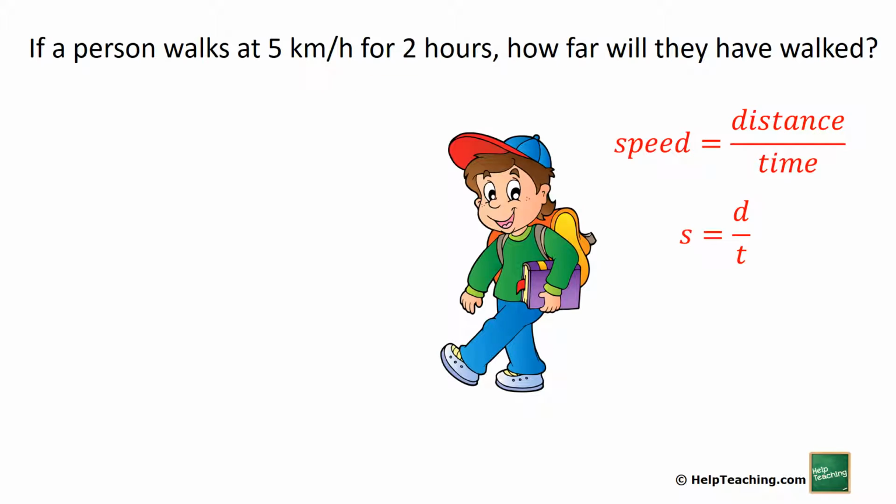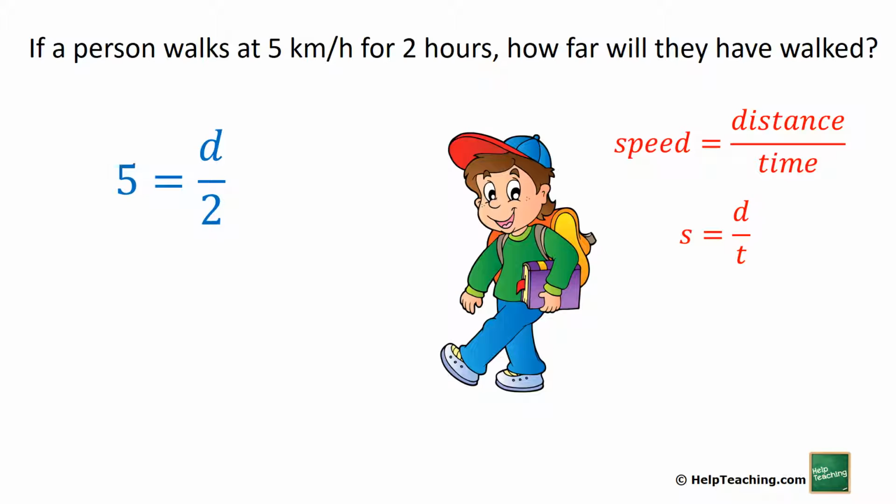Let's look at a word problem. If a person walks 5 kilometers per hour for 2 hours, how far will they have walked? Now this one seems very simple, and it is, but we're using it because it shows how to solve for a variable. So we have the equation speed equals distance over time, or S equals d over t. We can fill in the information we know, which is our speed and our time.